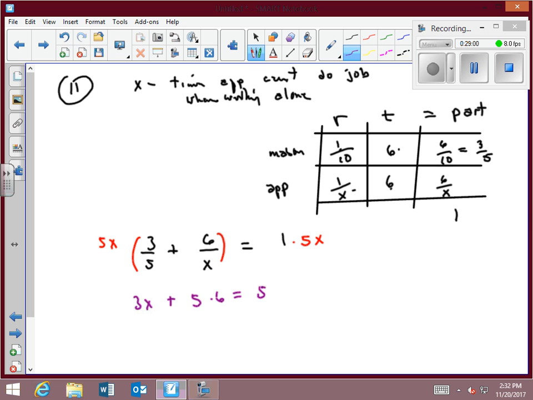Equals 5x. I'm going to move the 3x over to the right, so it's 5 times 6 equals 2x. So x is going to equal 5 times 6 over 2.